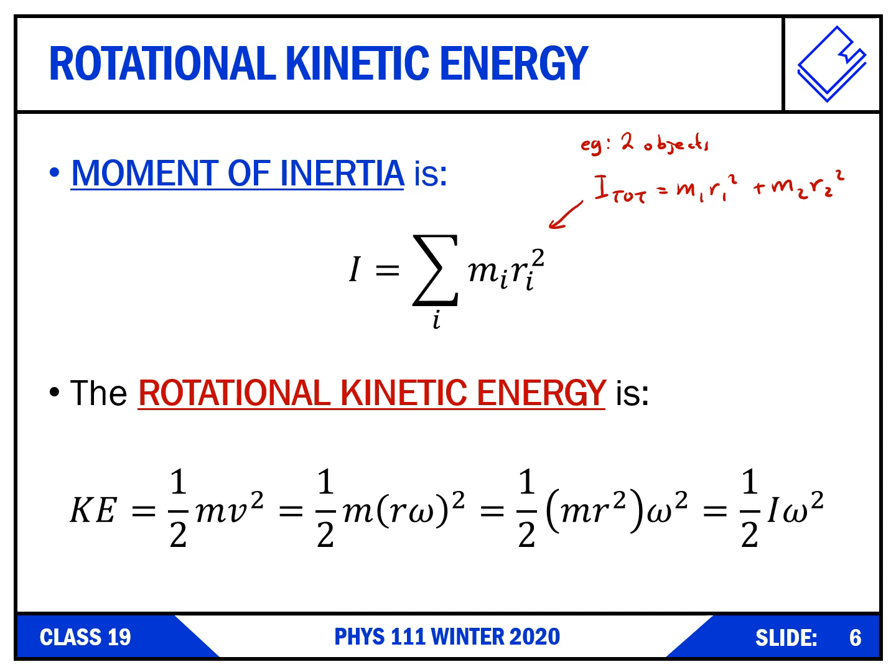Apart from that, you also have kinetic energy in the rotational world. So instead of KE is equal to 1/2 mv squared, we have KE being equal to 1/2 I omega squared.